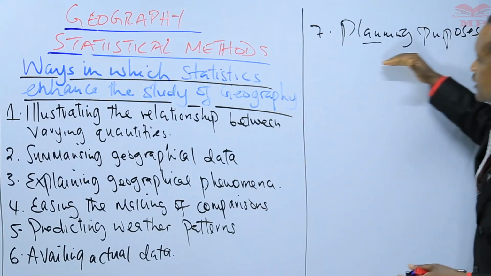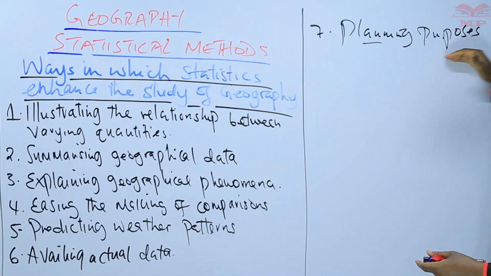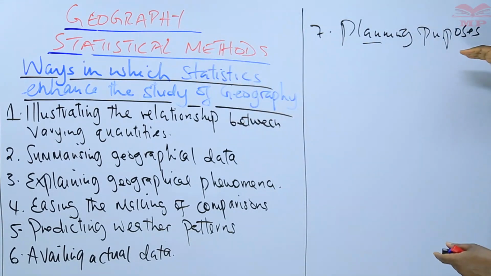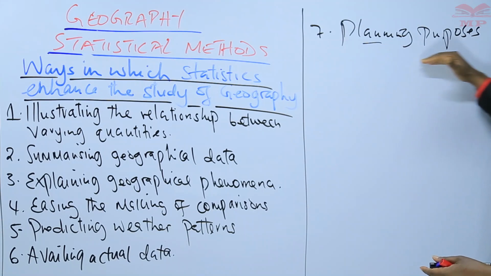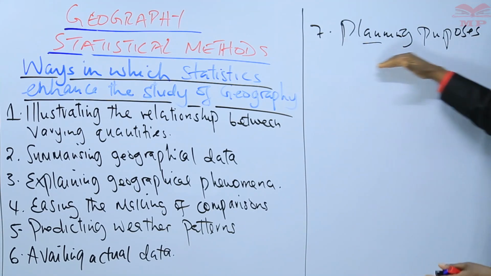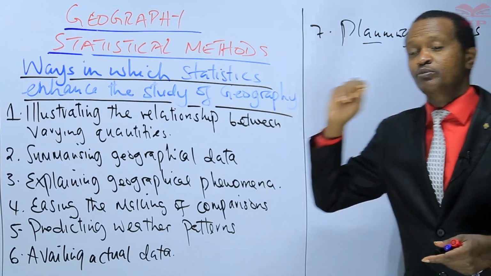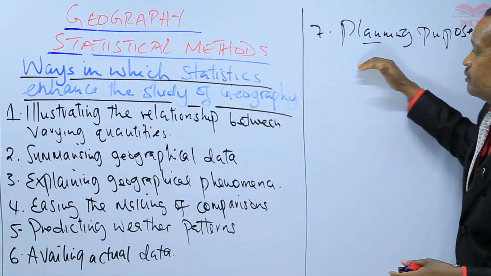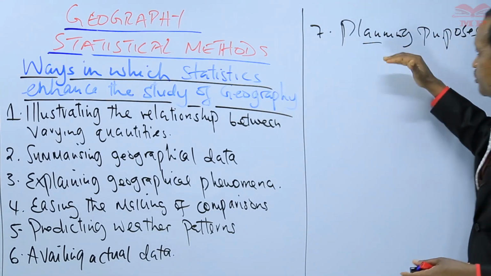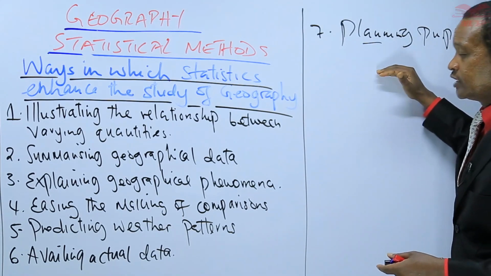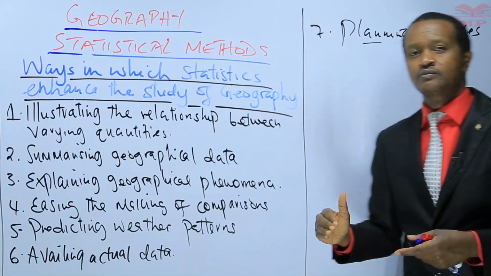If there's an area that is densely populated than another area, then the government can choose to invest more in an area that is densely populated in order to provide services for the densely populated areas. And that can only be possible if there are concrete statistics.